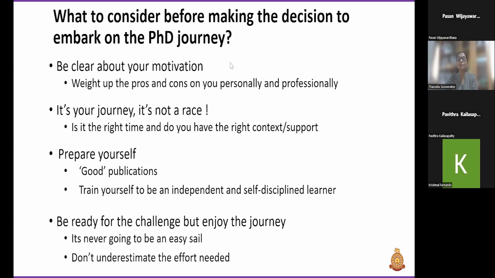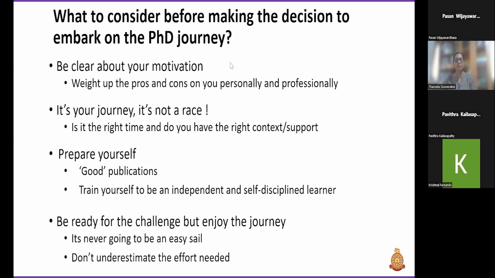Sometimes through undergraduate also, we have seen some good publications coming through. So think about having a good publication, devote time and effort in consultation with your undergraduate or master's supervisor, and work on it. Personally, this really helped me because I know when I applied for my PhD to get the scholarship, later I was told, because scholarships are very competitive, when they rank, good publications really play a part.